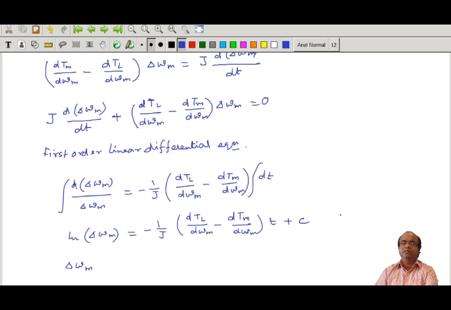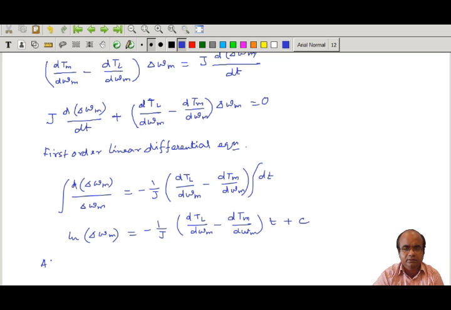Say that c is the integration constant, the initial value. Then we have to first find out the initial condition at t equals 0.